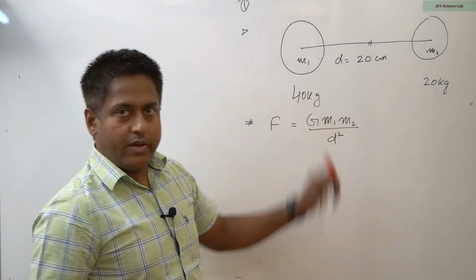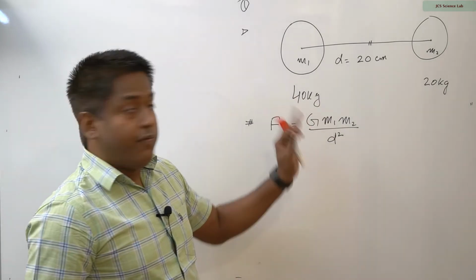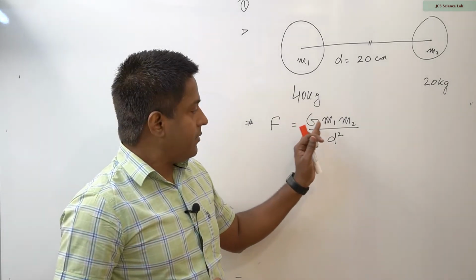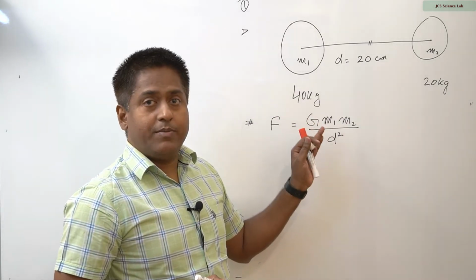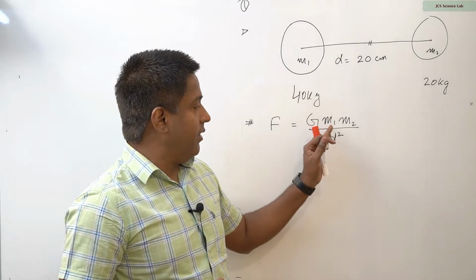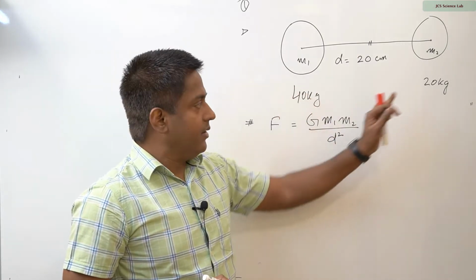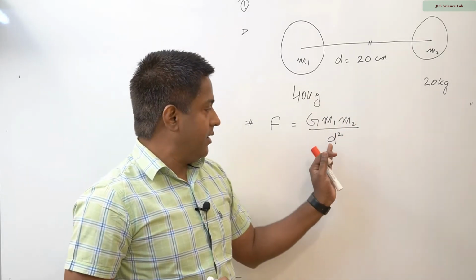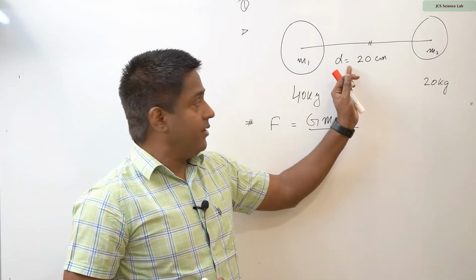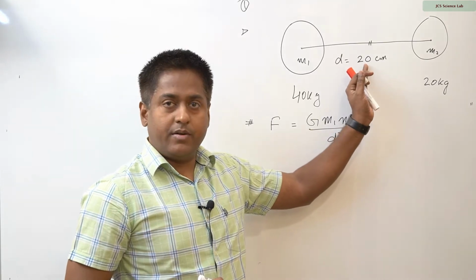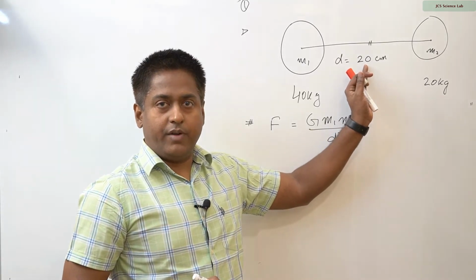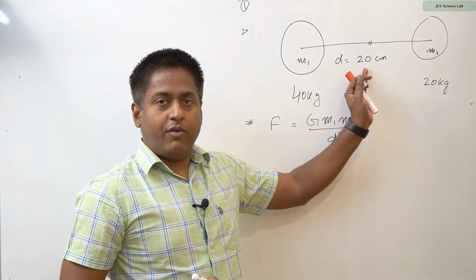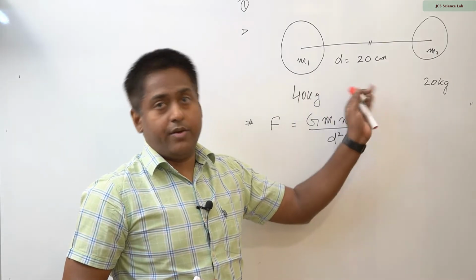Now put the values, but before you substitute the values, see here M1 is in kg, the SI unit of mass is kg. This is also 20 kg. But you can see here the distance is given in centimeter, which is not perfect. We have to convert this centimeter into meter.